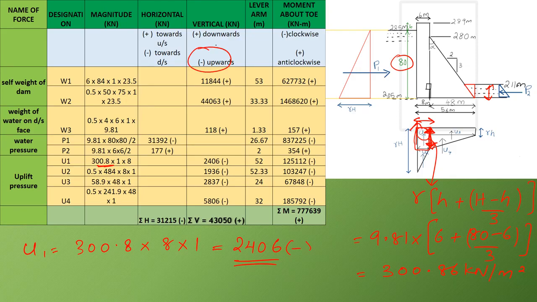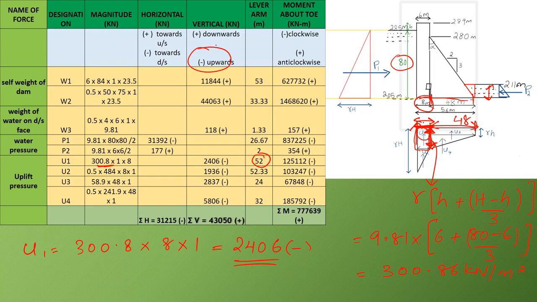Now the lever arm of that particular force will be 48 plus half of this value. 48 is this length, from here to here it is 48, and half of 8 is 4, so 48 plus 4 is equal to 52. So the lever arm is 52.